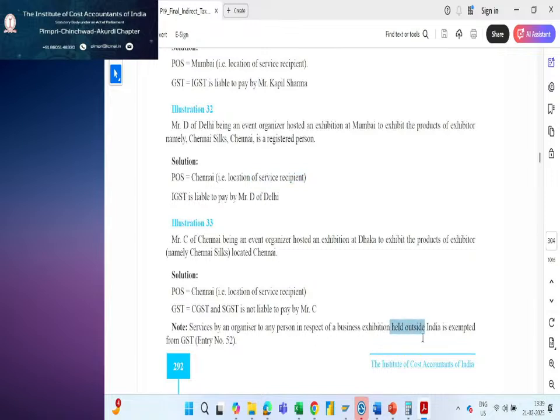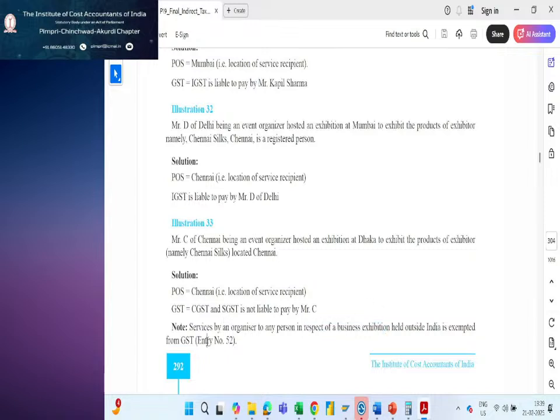So now the GST exemption we have to go through, and then we will come to know for what services the GST is exempted. If a business exhibition is held outside India, it is exempted.